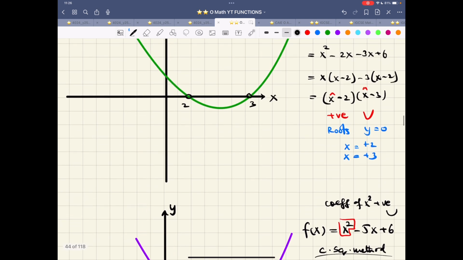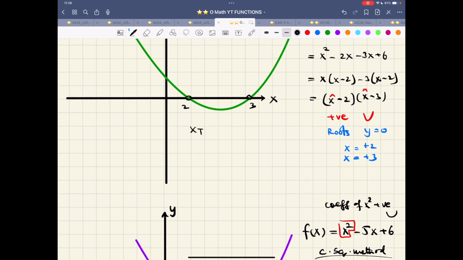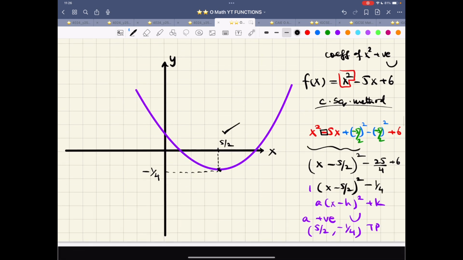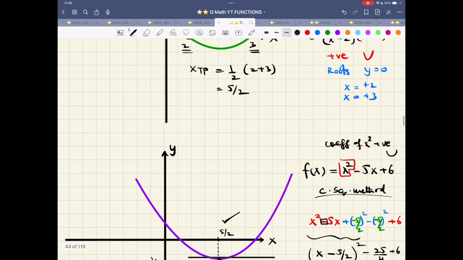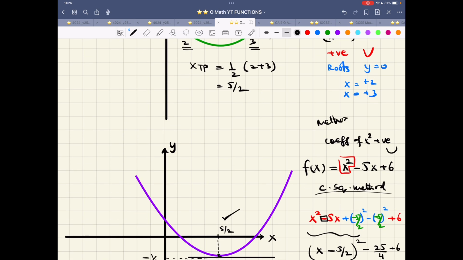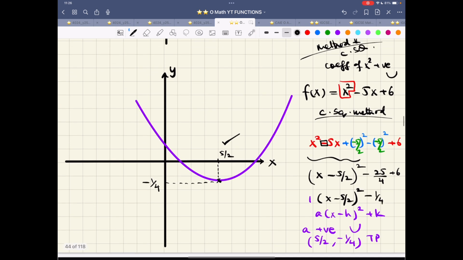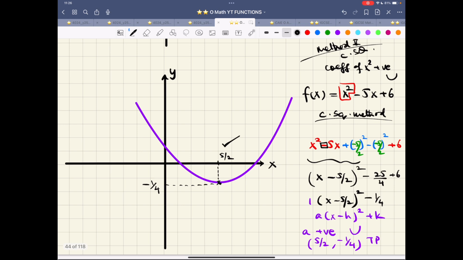Now let's double check. What is the x coordinate of the turning point based upon these two roots? That is half of 2 plus 3, which is 5 over 2. What exactly are you getting? The same thing. So I first drew it based upon the factorized form, and then I drew the same graph based upon the completed square form, just to show the versatile nature of this particular chapter, which is called quadratics.